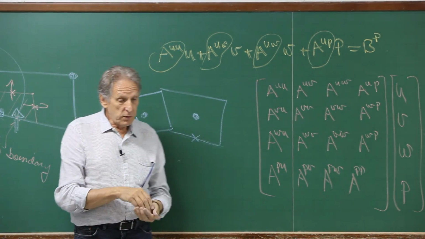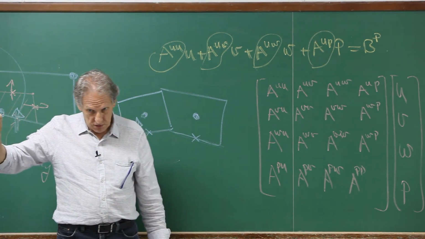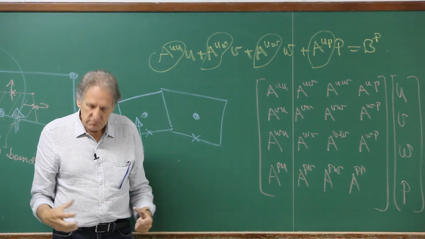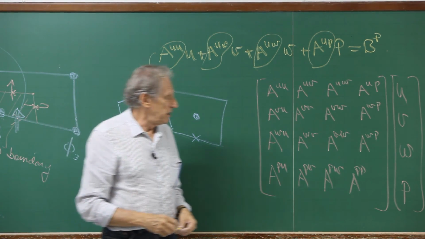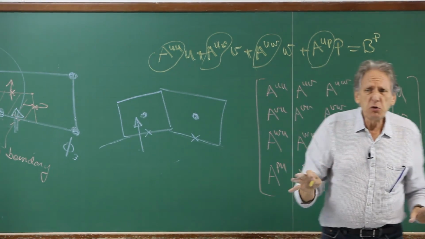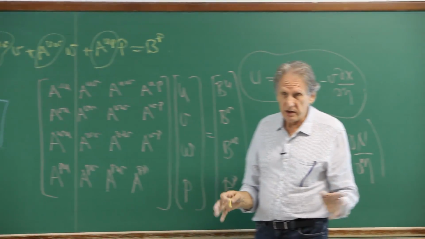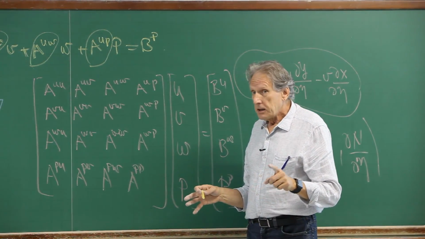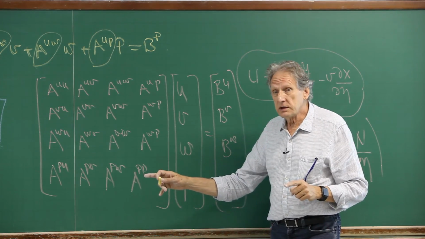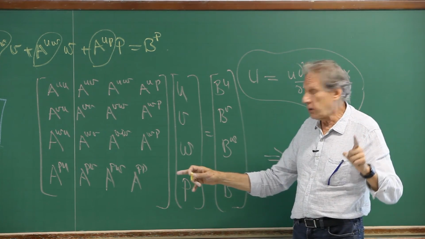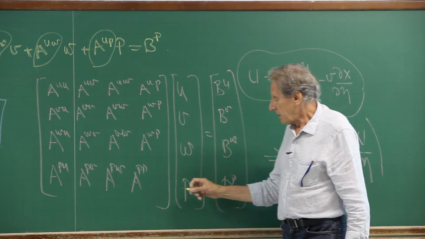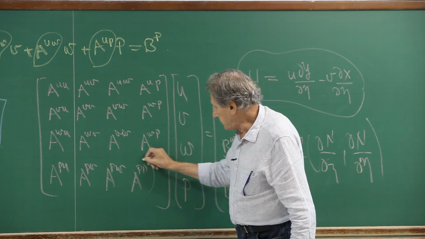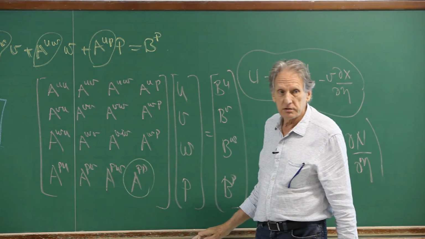So what we want to have is all variables in all equations. Then the coupling is okay. There is no problem. It's a little bit more difficult. But if you write the mass conservation equation without having the pressure, this coefficient is 0.